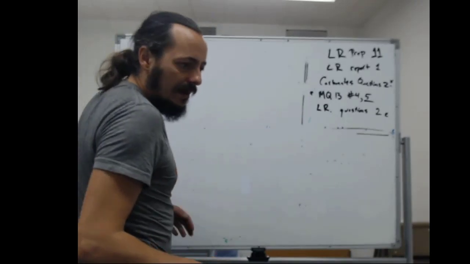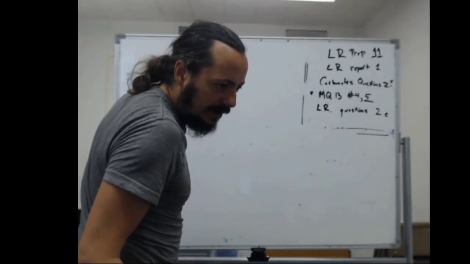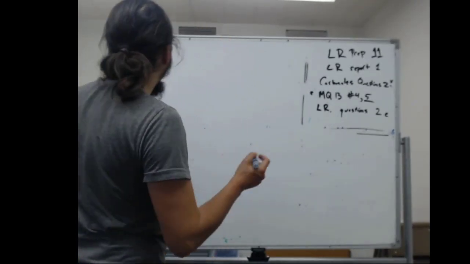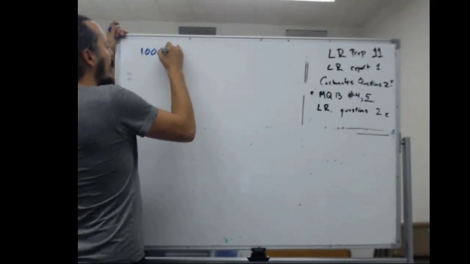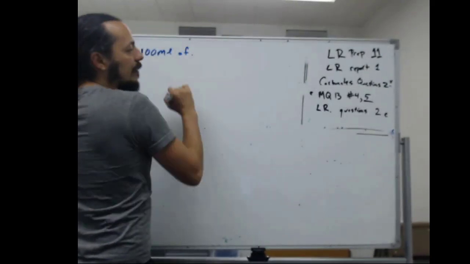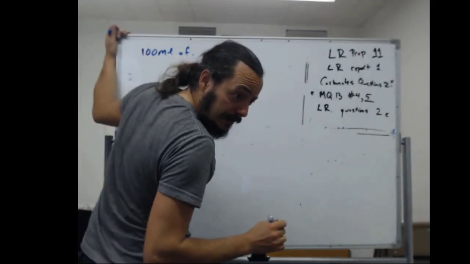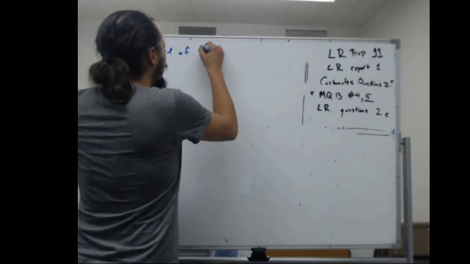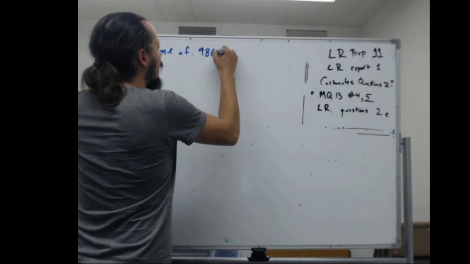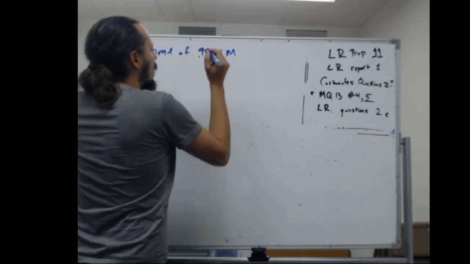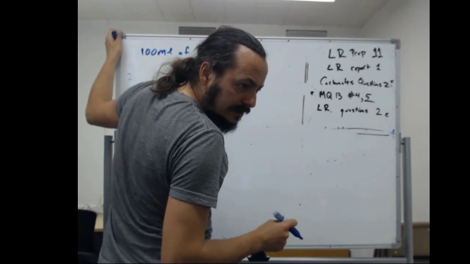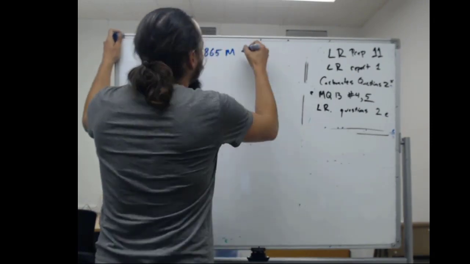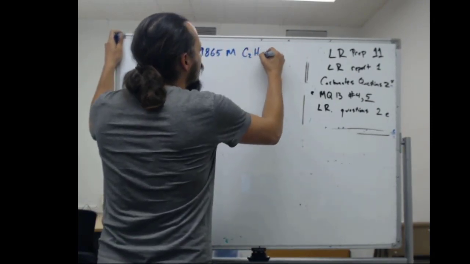So, we've got a solution of water and ethanol. So we've got 100 milliliters of 0.9865 molarity ethanol, C2H6O.